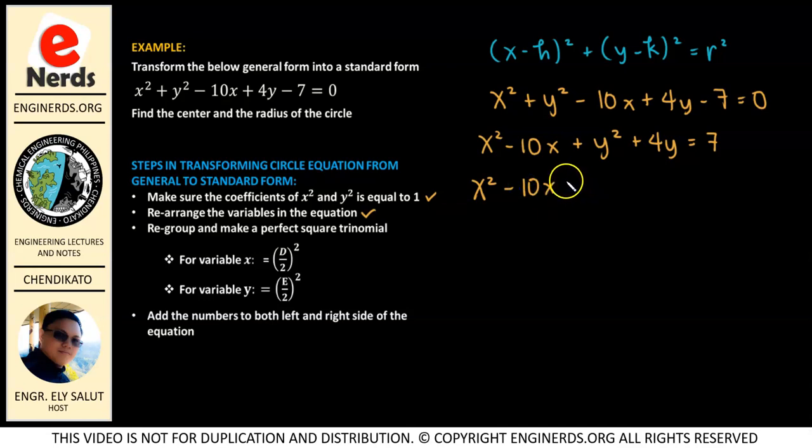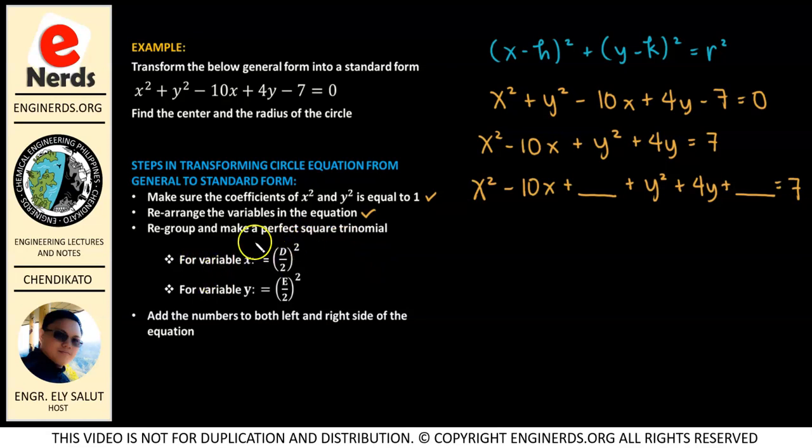So, we're going to have here plus blank. Blank muna kasi hindi pa natin alam. Then, plus y squared plus 4y plus blank is equal to 7. Okay, so meron na tayong space. Kailangan na lang ma-fill up pa natin itong space natin para makagawa tayo ng perfect square.